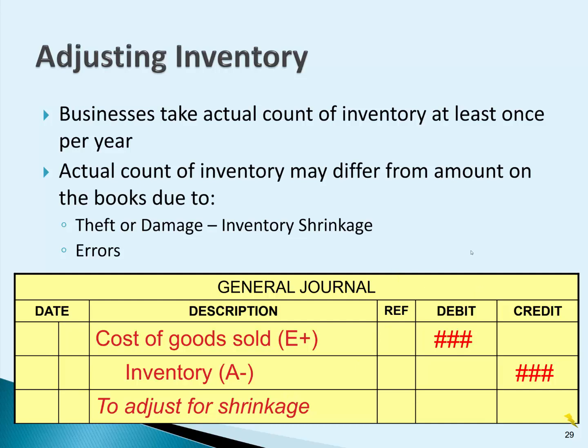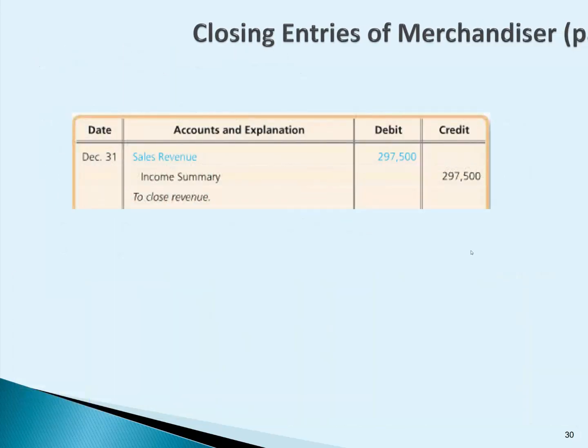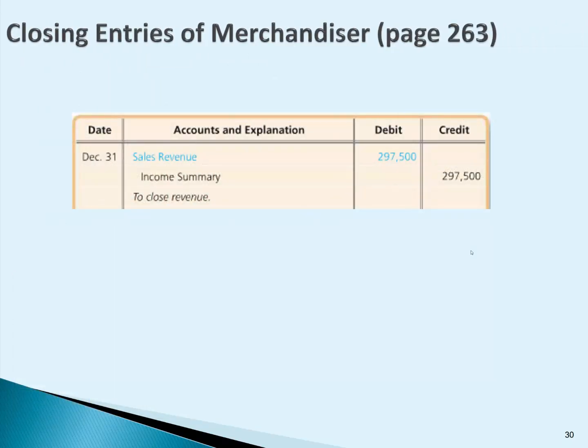So now let's figure out how we're going to close the entries, or journalize the closing entries, for a merchandiser. If you remember, the 4 steps for closing at the end of the period are REID. R is revenue, so this is step 1. In step 1 for a merchandiser, we have to close the revenue account, and that revenue account for a merchandiser is called sales revenue.